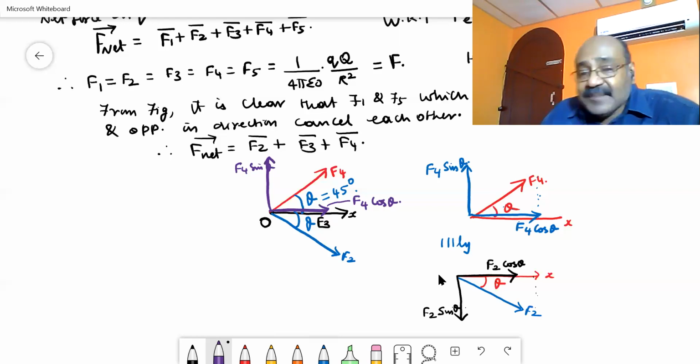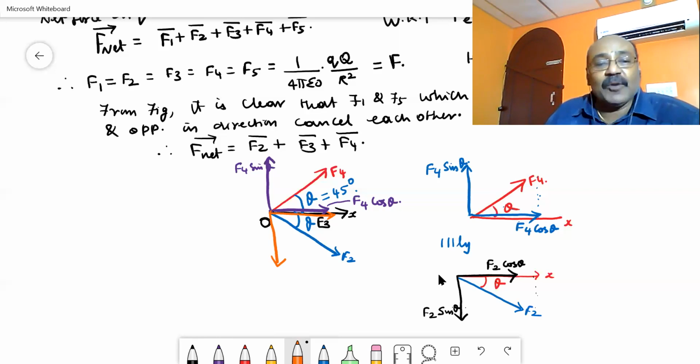Similarly, I am separating this F2 and drawing it here. One is the vertical component, another one is the horizontal component. The vertical component is F2 sin theta and the horizontal component is F2 cos theta.